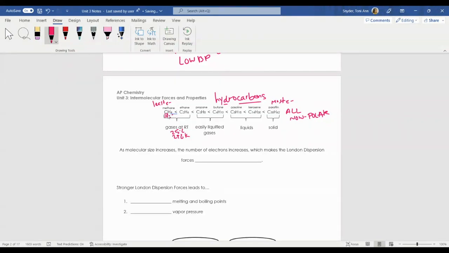So if I consider methane, methane has 10 electrons. If those 10 electrons are on the same side of the molecule, that's not going to create something as strong as paraffin, which has 30 carbons. So 30 times 6 gives us 180, right? Plus another 62. We got over 200 electrons we have to account for in every single paraffin molecule. If all 200 of those electrons are on the same side of the molecule, that's going to attract other nearby molecules much more strongly.